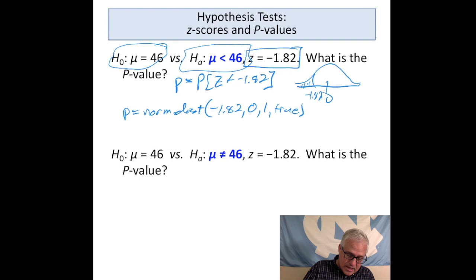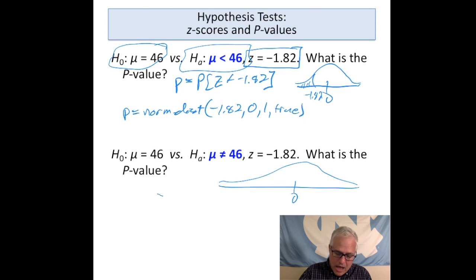Here's a two-sided test, same thing. When I draw the picture here, it looks the same, except now I'm interested not in the probability that z is less than negative 1.82, but the probability that z is as far from 0 as 1.82. So I need to look at positive 1.82 as well, and consider the area to the right of positive 1.82. You can find it lots of ways.